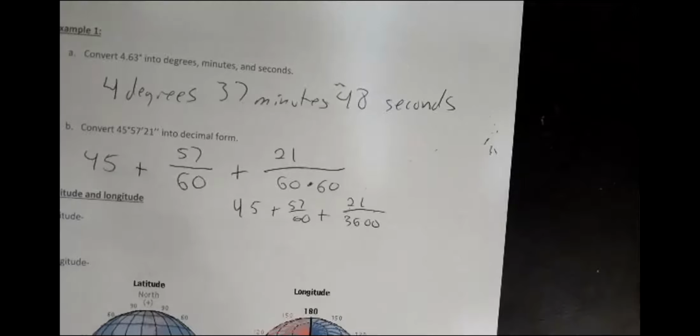And so now we're just plugging this into a calculator, figuring out what that decimal is. 45 plus 57 over 60 plus, what am I doing? 21 over 3600. I should be getting somewhere around 45.955833.